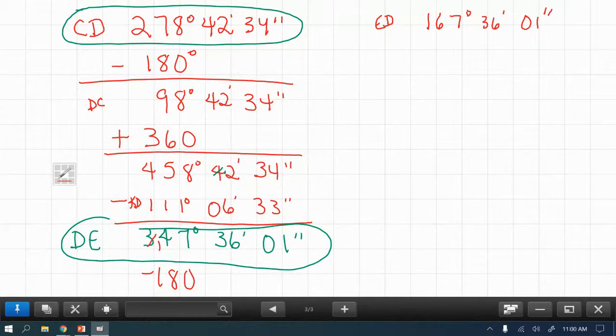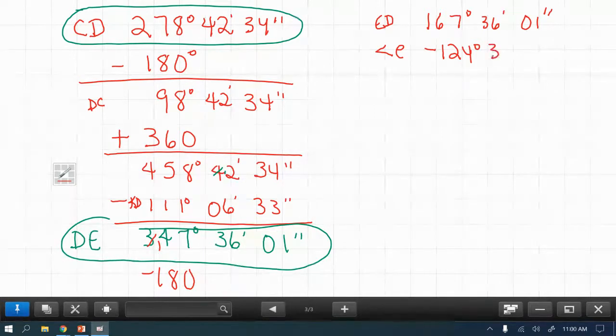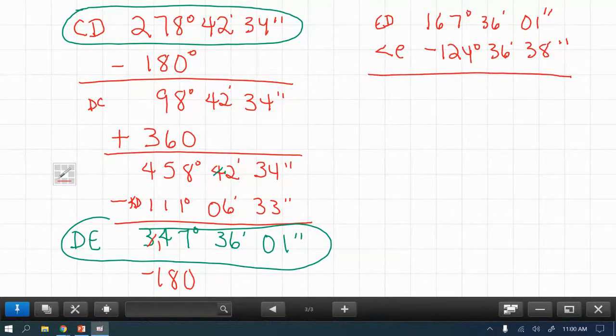So the next one, I'm gonna subtract out angle E. And that's gonna give you E to A.